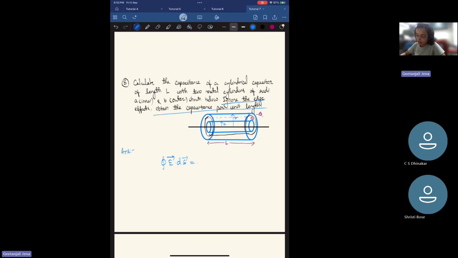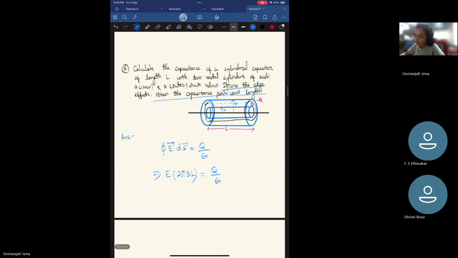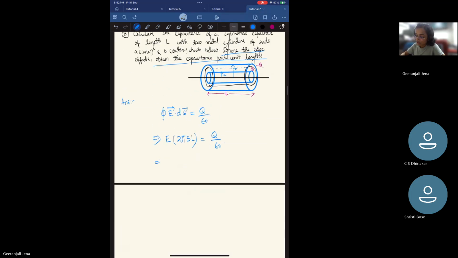That is why this will be E dot ds equals Q by epsilon naught, and ds will be 2 pi s L, right? So the electric field is Q by 2 pi epsilon naught L, 1 by s, s-hat. So this is the electric field.